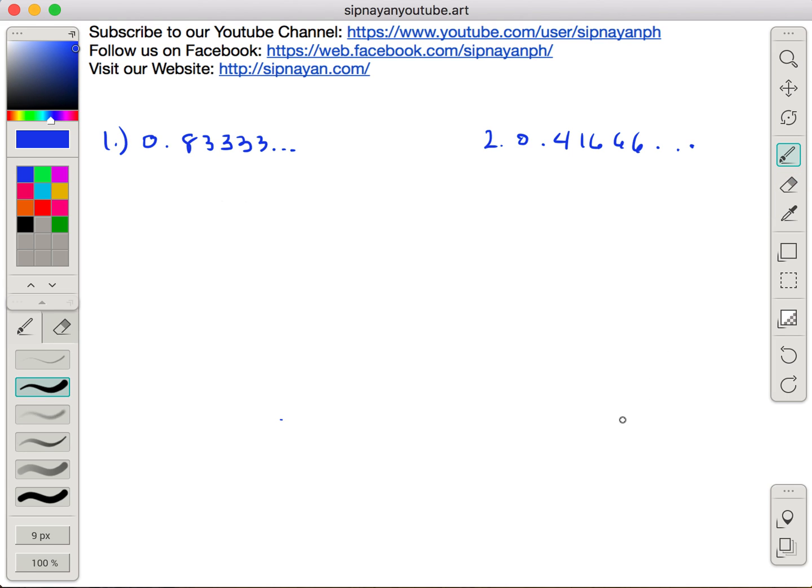In this video, tutuloy natin ang ating series on converting repeating decimals to fraction. Kung napanood niyo yung previous videos, ang ginawa natin was to convert repeating decimals with one repeating digit papuntang fraction, and meron din tayong two digits na nagre-repeat, 8181 ata yun sa previous video.